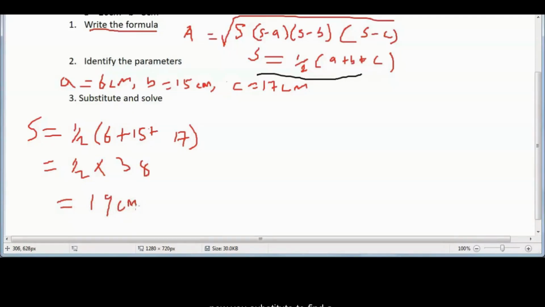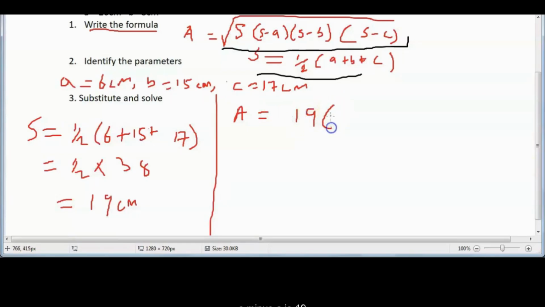Now you substitute to find A, this time around for Heron's formula. So A will be equal to, S is 19.